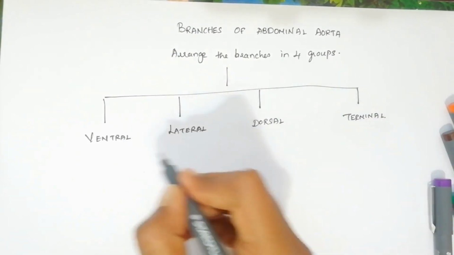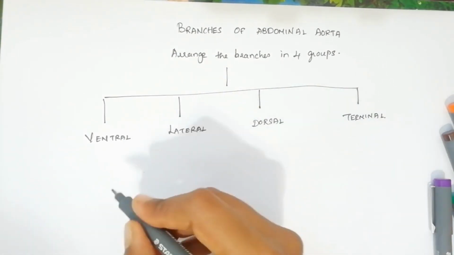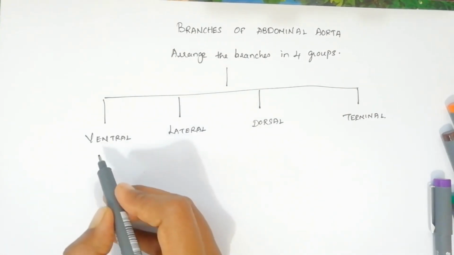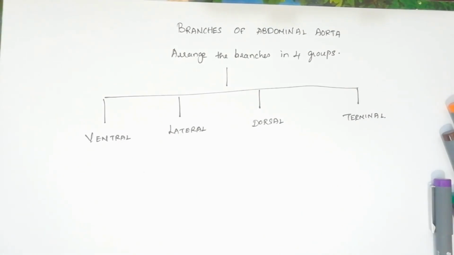In all these 4 parts we have some branches arising from the abdominal aorta. First we are going to see the branches coming from the ventral aspect.